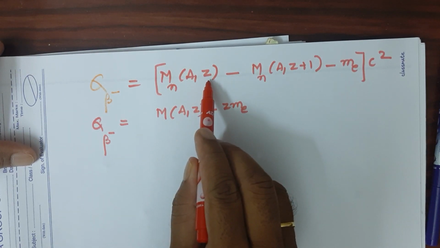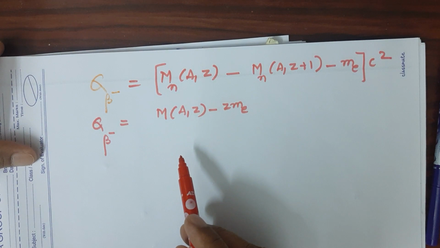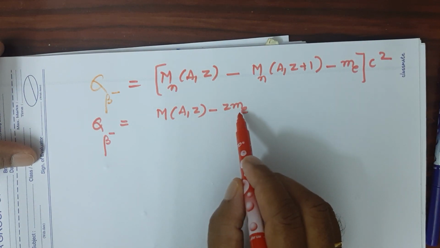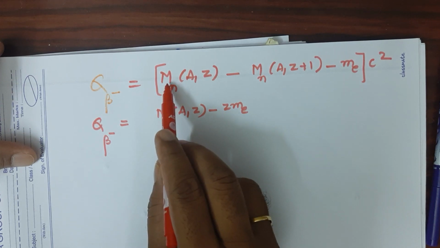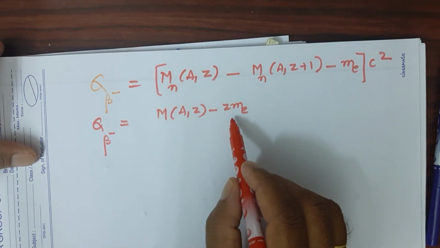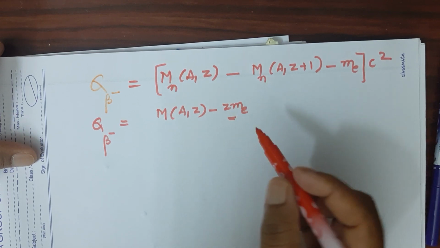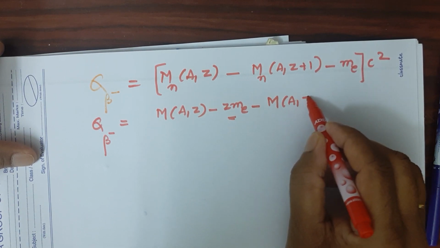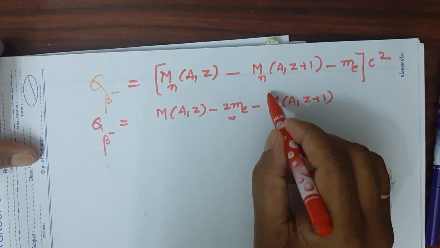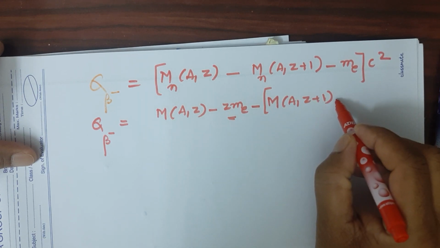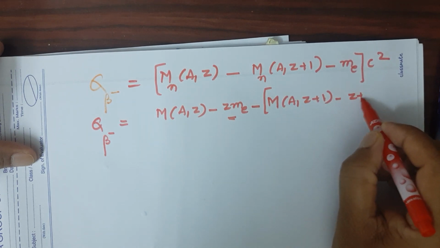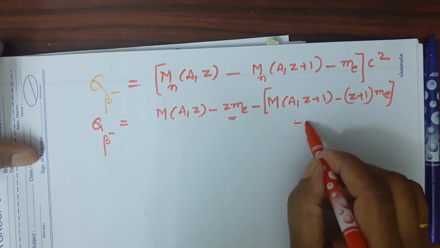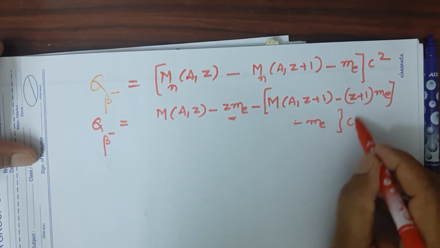Here the atomic number is Z, therefore Z number of electrons exist, each of electron mass Me, so the total electron mass is Zme. Therefore, when it is replaced by m of ZA, we have to subtract Zme. Minus m of Z plus 1 A, minus Z plus 1 into Me, minus Me, into c square.